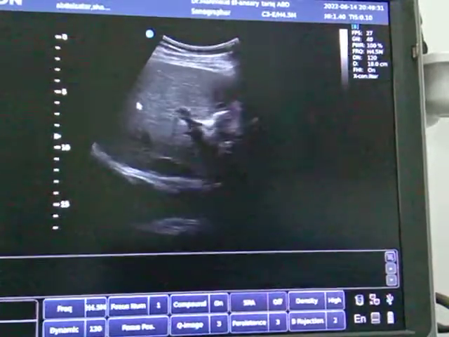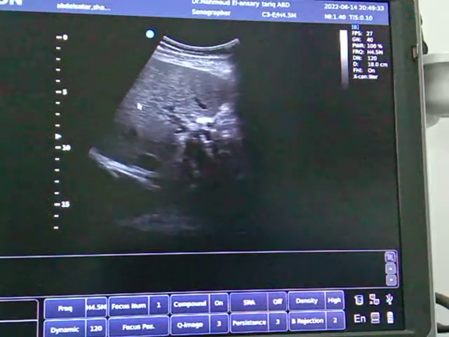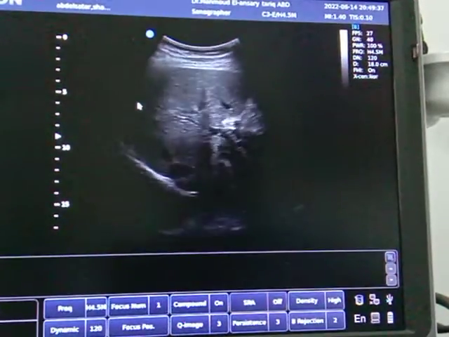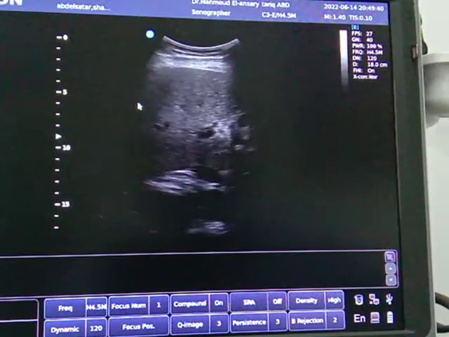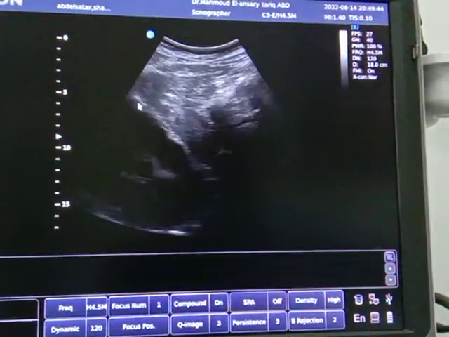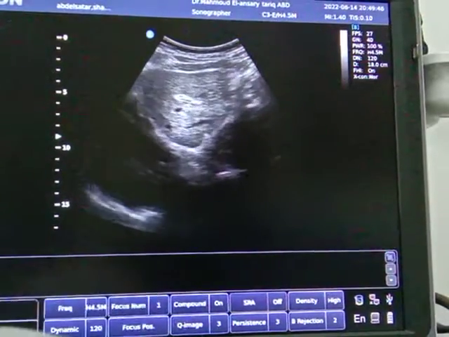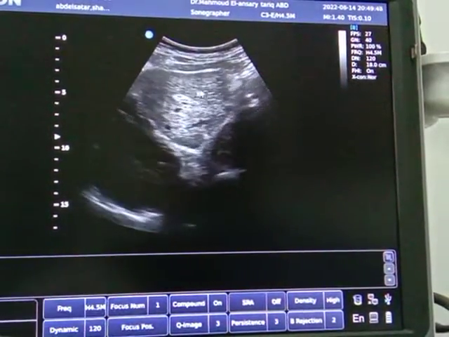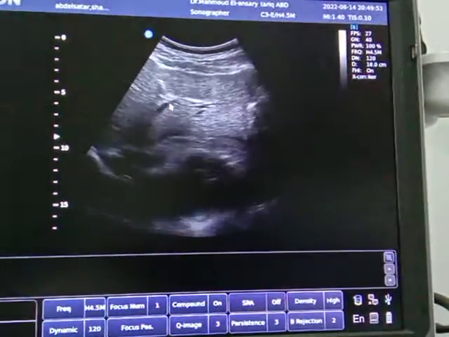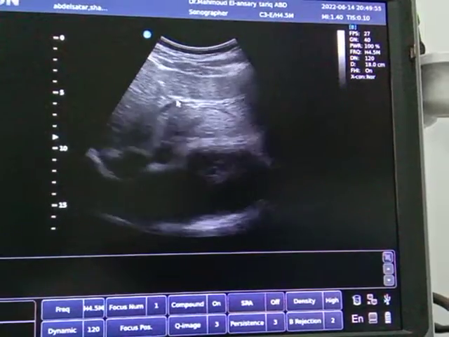So we are evaluating him by abdominal ultrasound, conventional abdominal ultrasound. Of course, we see here the liver and the biliary system. There are echogenic shadows there, and these echogenic shadows in the biliary system mean that there is aerobilia, so there is good drainage.